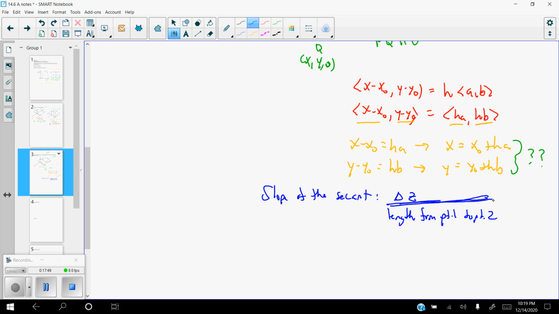Now, the reason I had to write it that way is because it's not in an x direction, it's not in a y direction, but we can find a length in between them if we can find the magnitude.